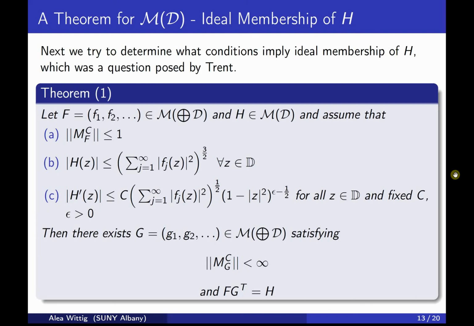We have the same condition A and a slight change to condition B, where the exponent is changed to 3/2 instead of 1/2, and an additional boundedness condition on H prime will imply the existence of this G in the multiplier algebra of the L2 Dirichlet space with bounded operator norm, satisfying F G transpose is equal to H. So H is in the ideal generated by the F_j.